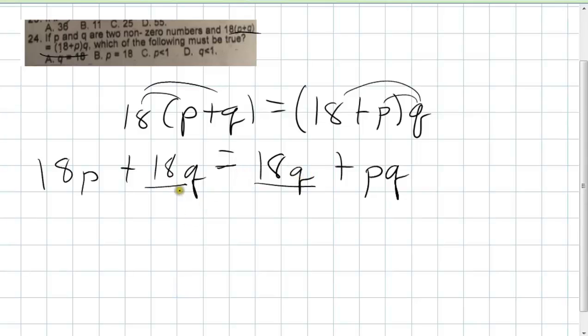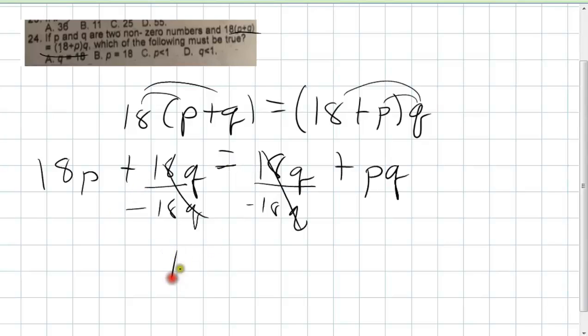The way I know that is, let's say I wanted to simplify, I would say, subtract 18q, subtract 18q, and now it's gone from both sides. So you can speed the process up for yourself if you realize that if you have the same exact quantity on both sides and they're both the same sign, you can just cancel them out.